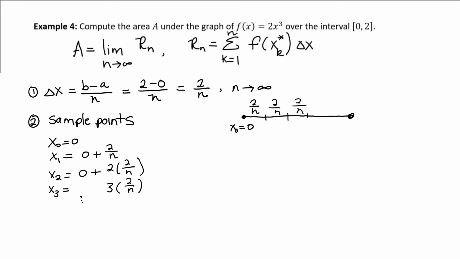This suggests that we can express x sub k as k times 2 over n. Then we'll let our sample point, represented as x sub k asterisk, be 2 times k divided by n.